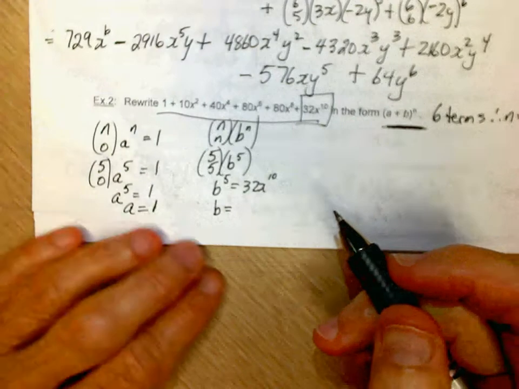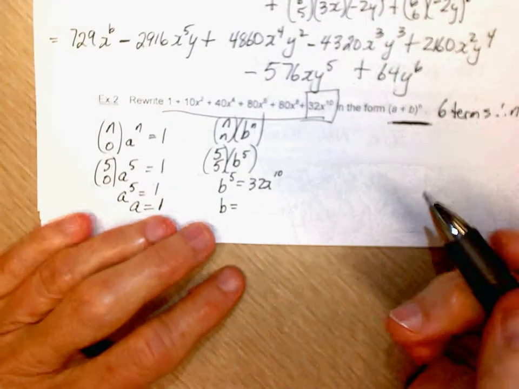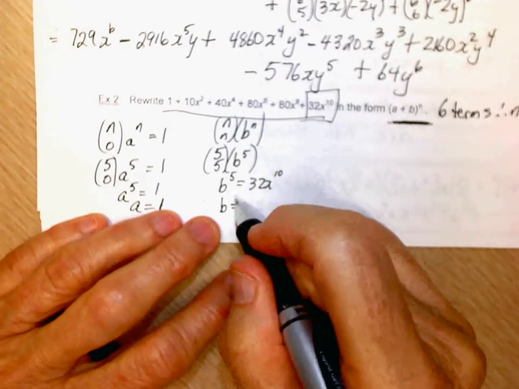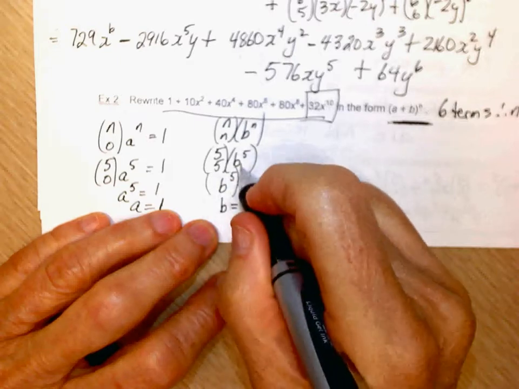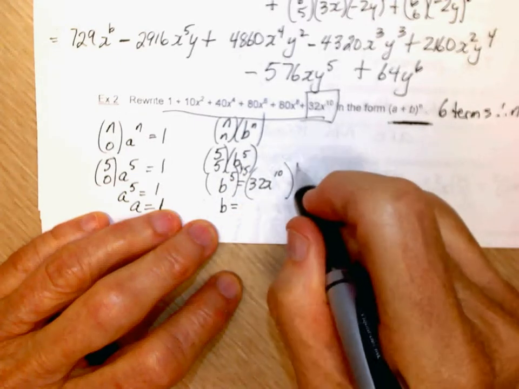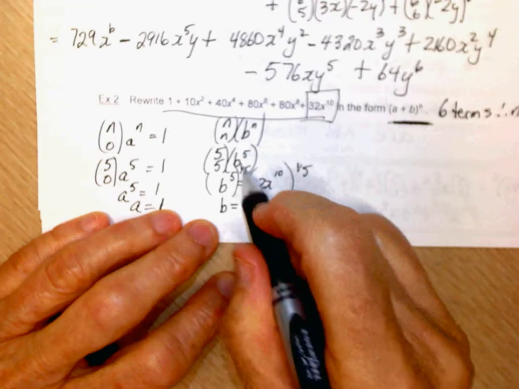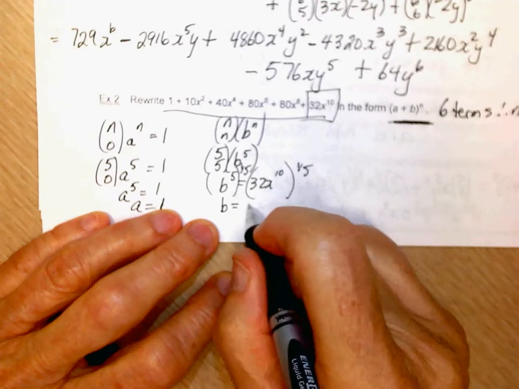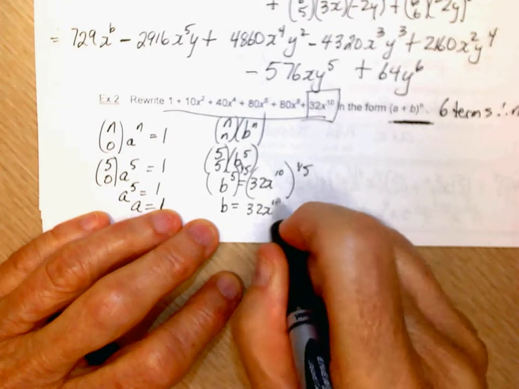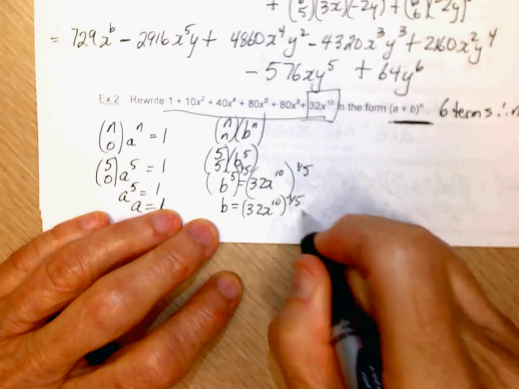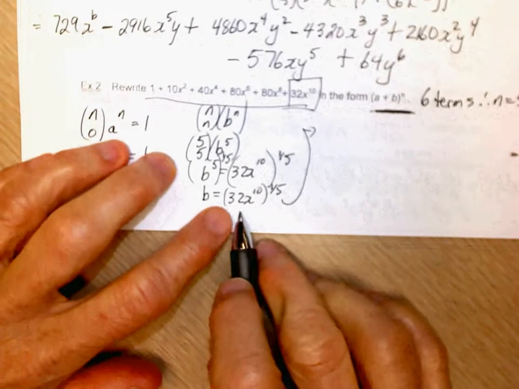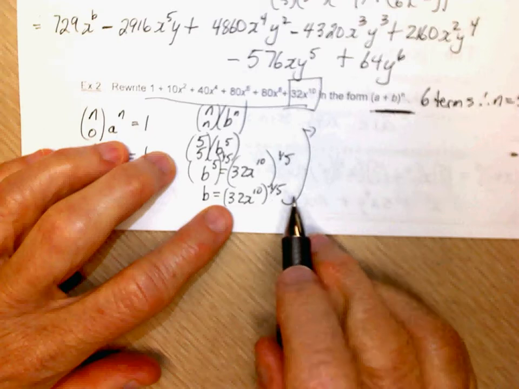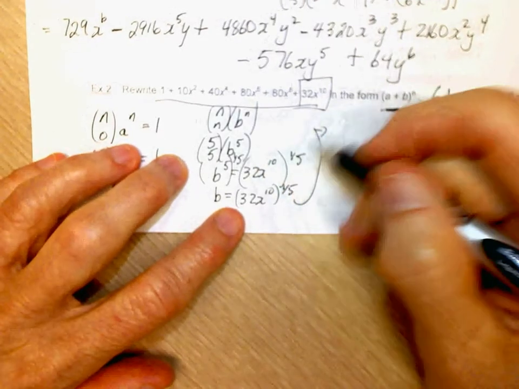We're going to take the 5th root, right? So 5 times 1 over 5 is b. 32x to the 10th to the 1/5. What's the 5th root of 32? What multiplied by itself 5 times gives us 32? So it's 2. b equals 2.